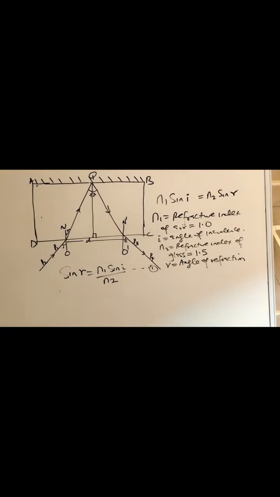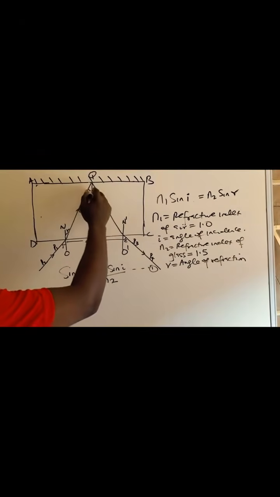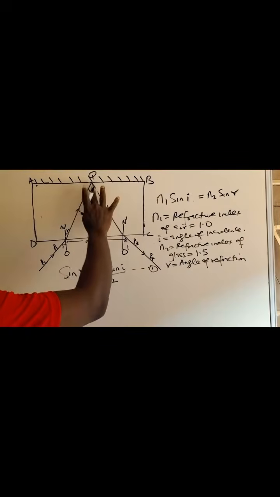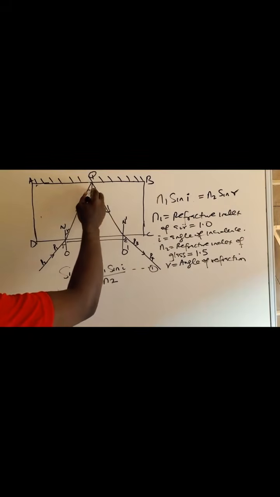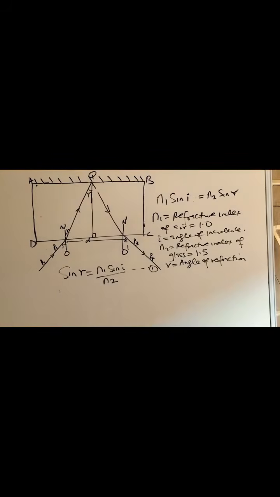Then another thing we have to measure is this angle theta. If you look, the line AB is parallel to the line DC. So the angle made here will be equal to r by virtue of alternate angles.